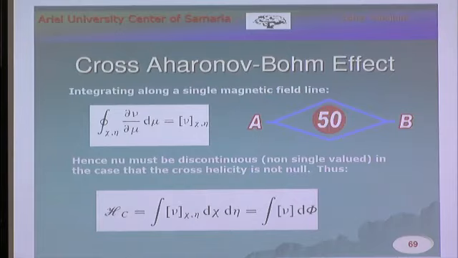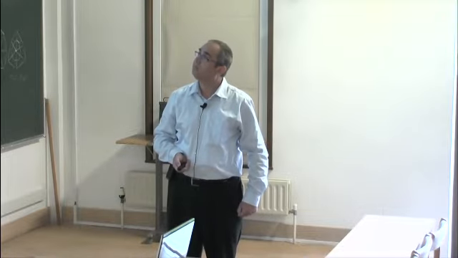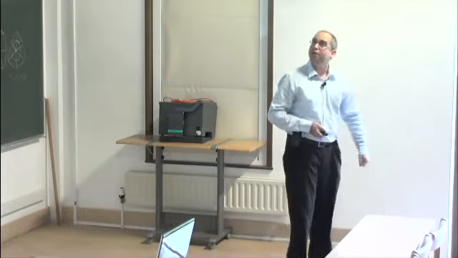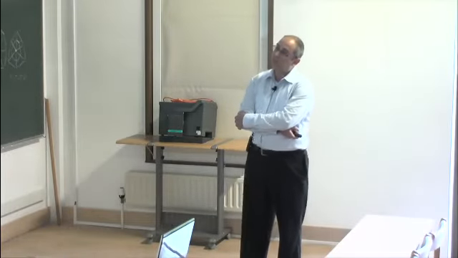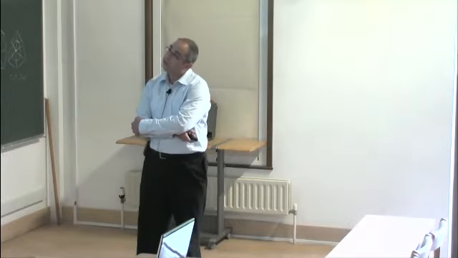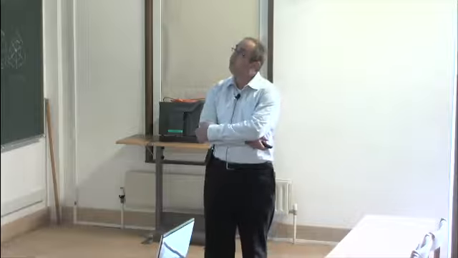And you can write the cross helicity as an integral of the discontinuity of nu d phi. Well, d phi is just the magnetic flux. So again, you can talk about a cross Aharonov-Bohm effect. And the similarities are as follows. You have a non-simply connected domain. And this is due to the fact that the magnetic field line is knotted inside an external vortex line.